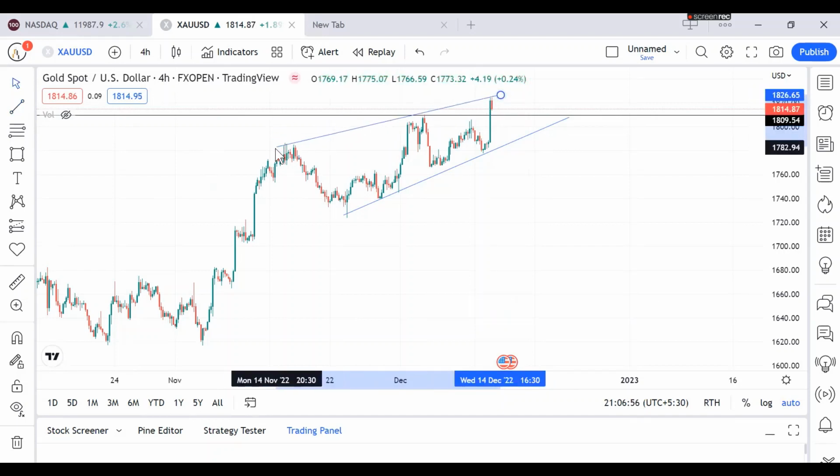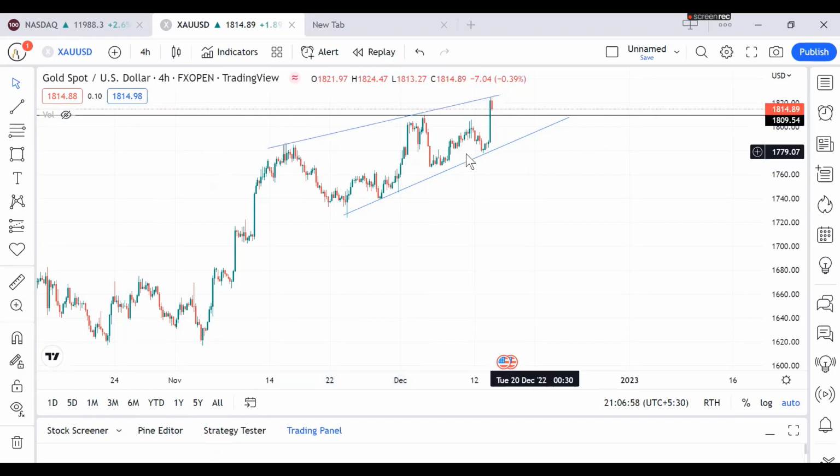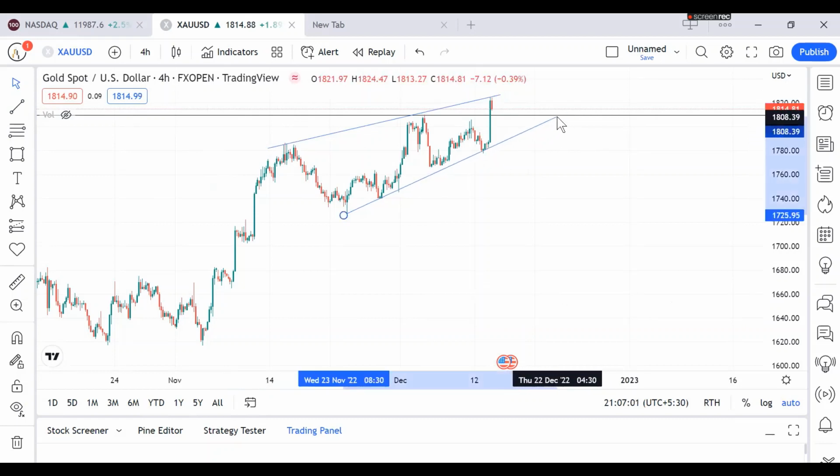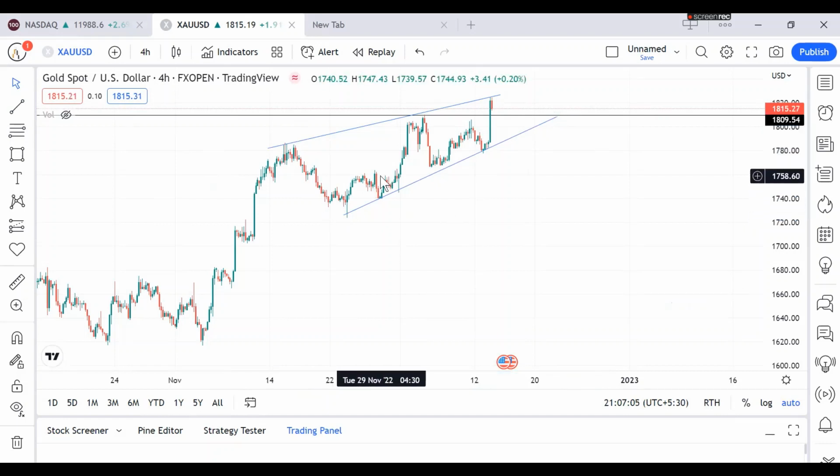So you see that the market, apart from respecting the trend lines, is giving us this triangular pattern, or rather a rising wedge. But also you see that the market has been rising on this side, and here this is a high, and this high here was higher than this one, and now the market is forming this high here.